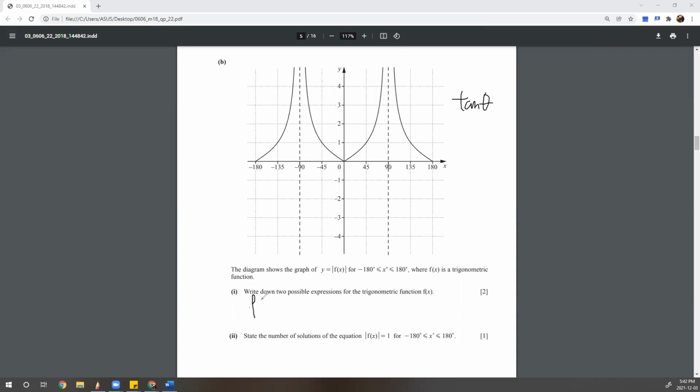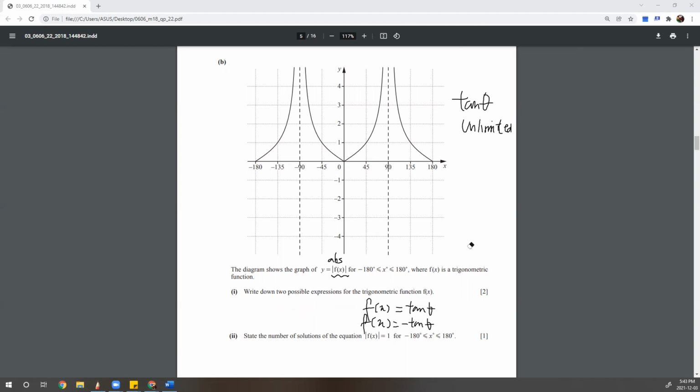So f(x) could be tan theta, or f(x) could be negative tan theta, because it can be negative, right? Remember, it can be negative for the absolute value. So f(x) will be tan theta or negative tan theta because it has the unlimited part. If it is sine or cos, it is limited to 1 and negative 1. That's for the regular form.